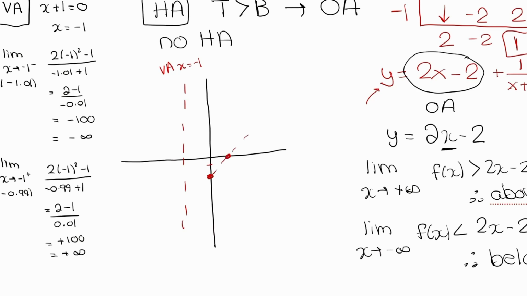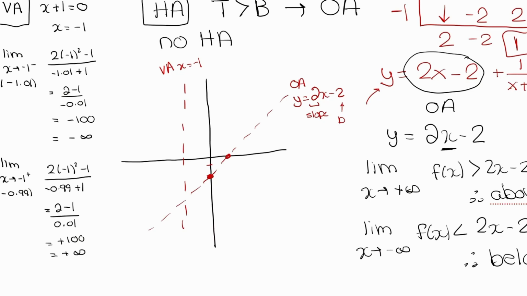So my oblique asymptote is where y equals 2x minus 2. And just as a reminder, this is my slope, it's just a straight line, and this is my b value, or my intercept, where it crosses.